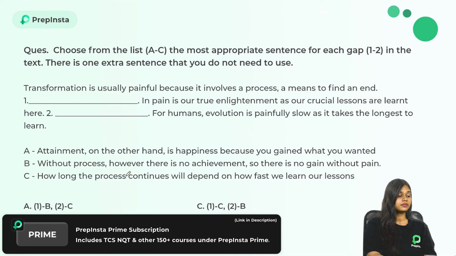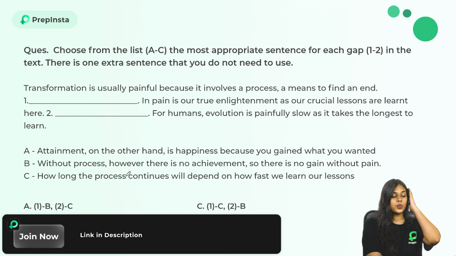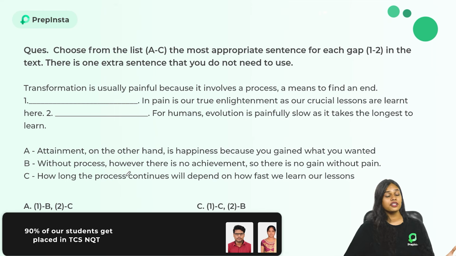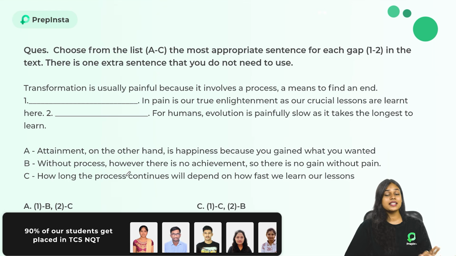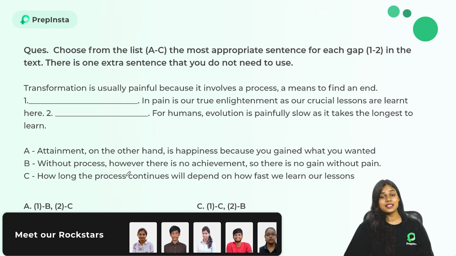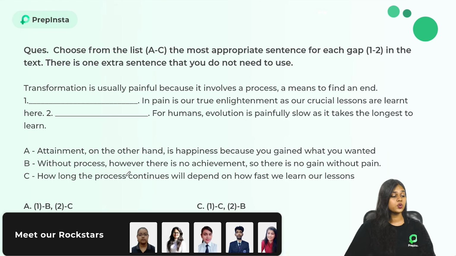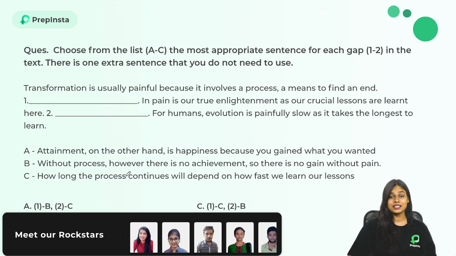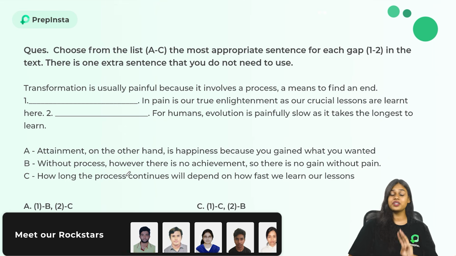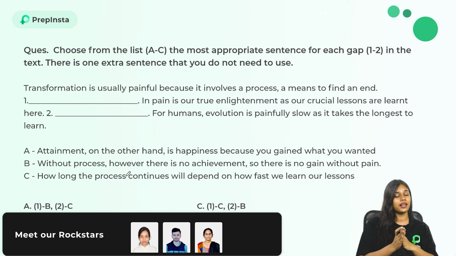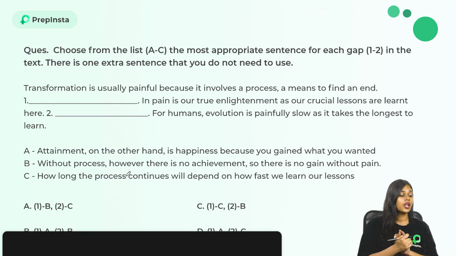All right. Up next, we have another cloze test, or another completing the sentence kind of question. Choose from the list A to C the most appropriate sentence for each gap 1 and 2 in the text. There is one extra sentence that you do not need to use. So we have 3 sentences but 2 blanks, so 1 extra sentence will be eliminated.